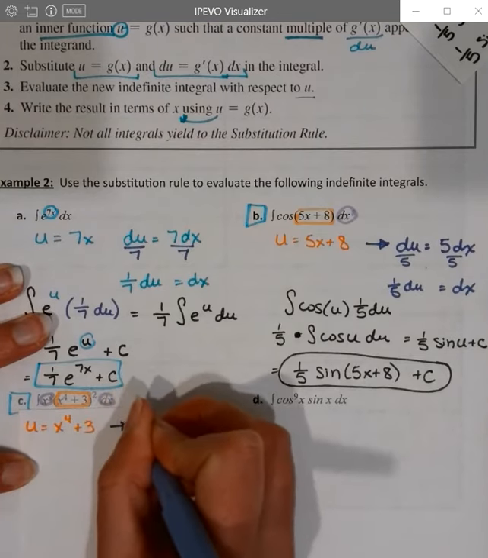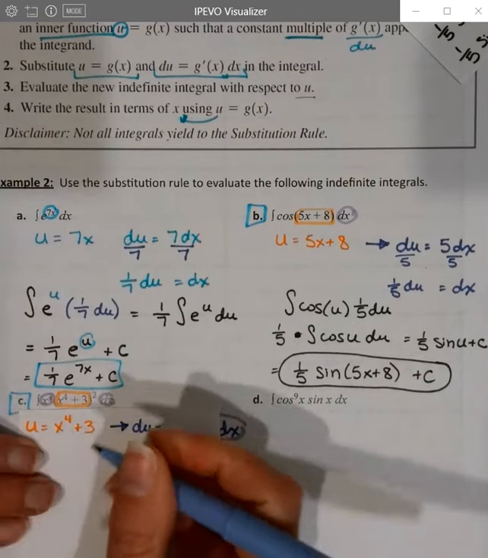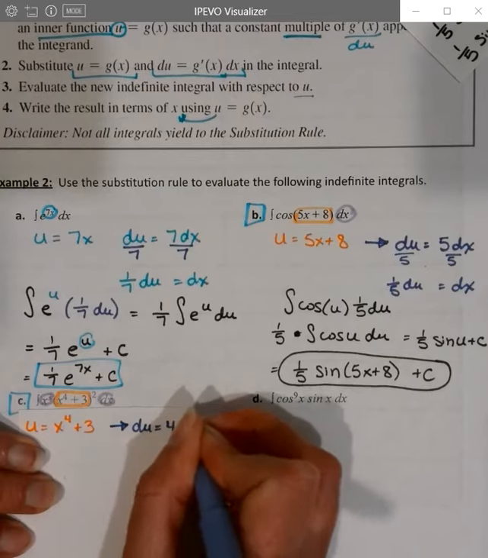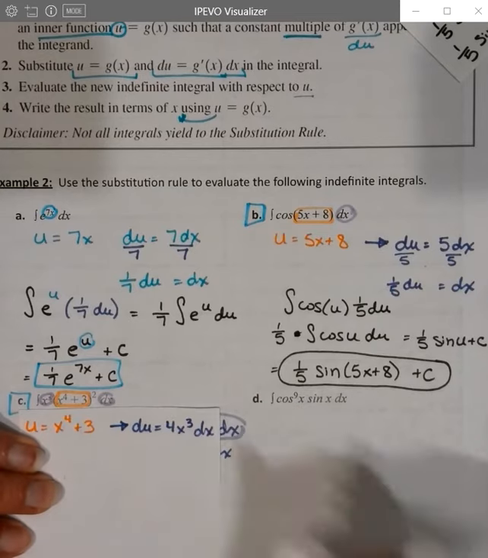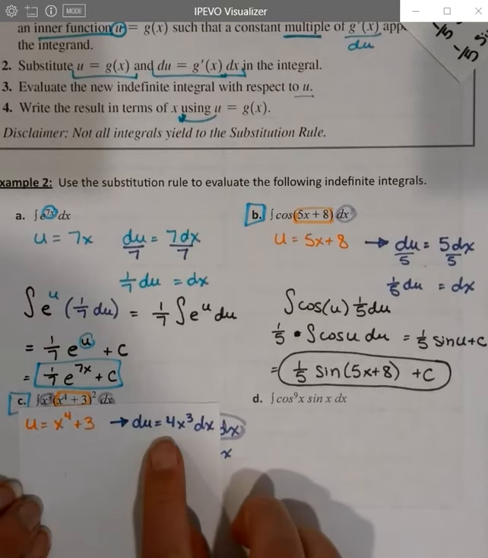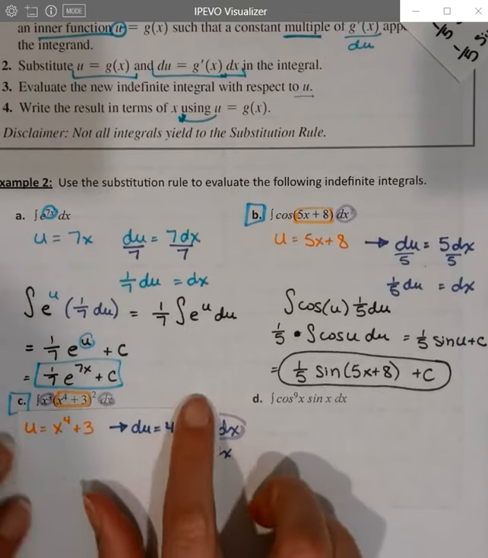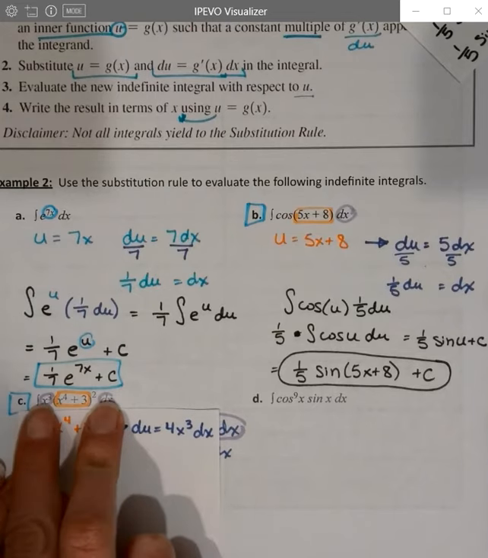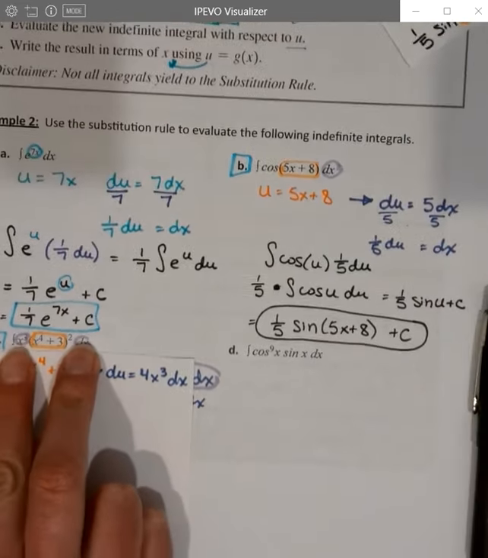So du, okay, so the derivative of x to the 4th is 4x to the 3rd times the differential dx. Now here, I don't have a 4x to the 3rd dx, but I do have an x to the 3rd and a dx. They are multiplied together even though they're not right next to each other, and we're going to use that fact.